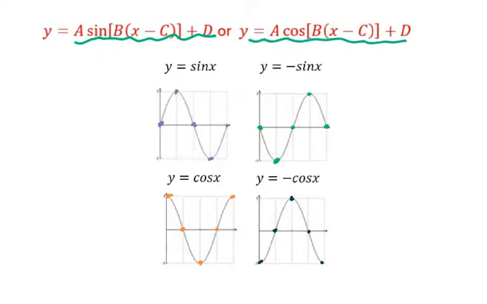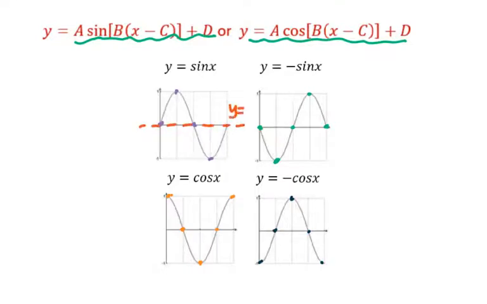So we need to figure out on the graph where you can find A, B, C, and D so that you can write down the transformed form of a sine and a cosine function. First of all, we will draw the midline for each graph.